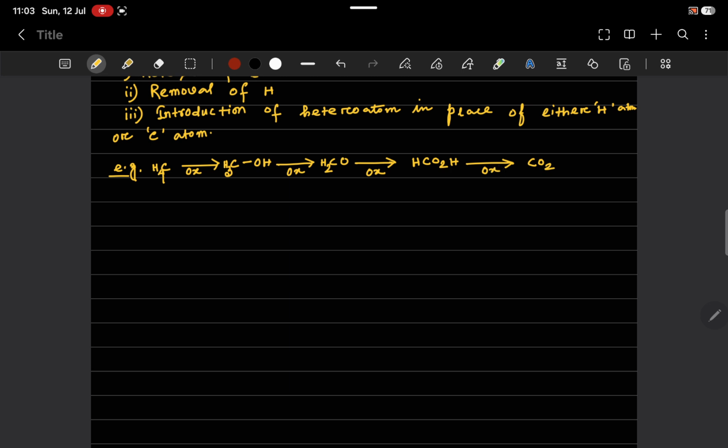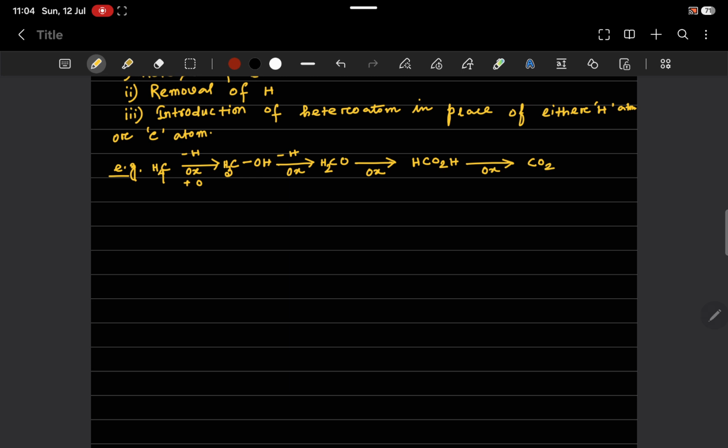So what is happening basically? There is introduction of an oxygen atom and release of one proton. In the next step, only removal of a proton is happening, and that is also an oxidation process. Here there are two protons, then one proton, so the same thing is happening.